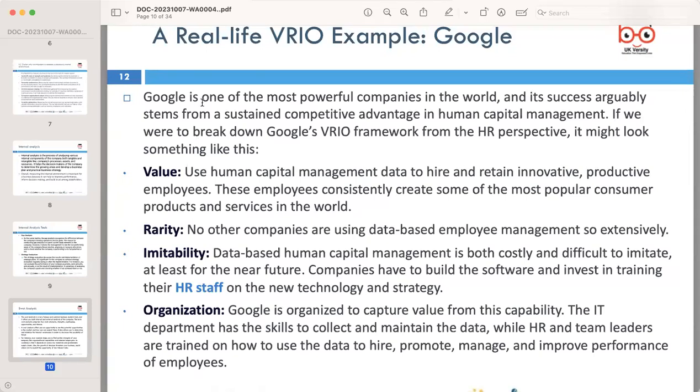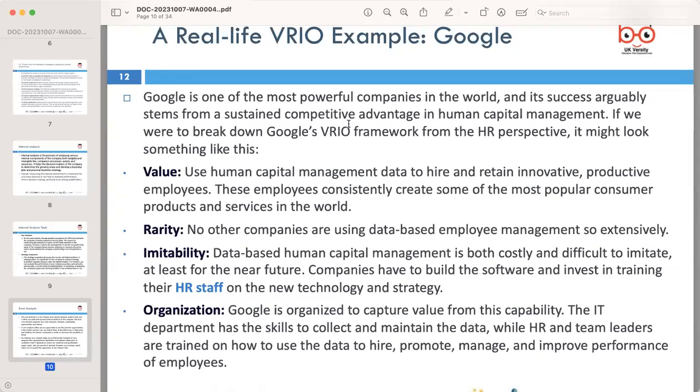First off, Google is one of the most powerful companies in the world, and its success arguably stems from a sustained competitive advantage in human capital management. If we were to break down Google's VRIO framework from the HR perspective, it might look something like this: value, rarity, imitability, and organization.